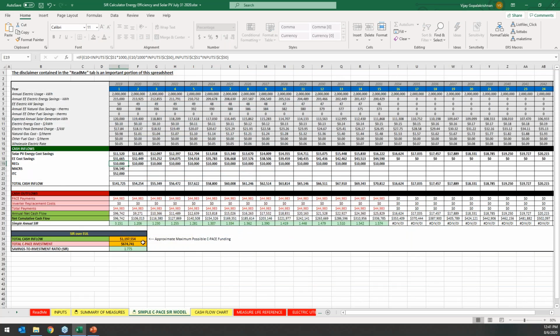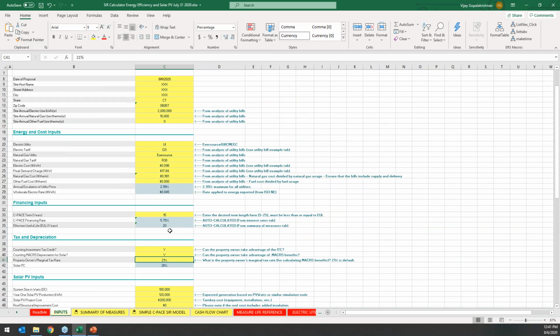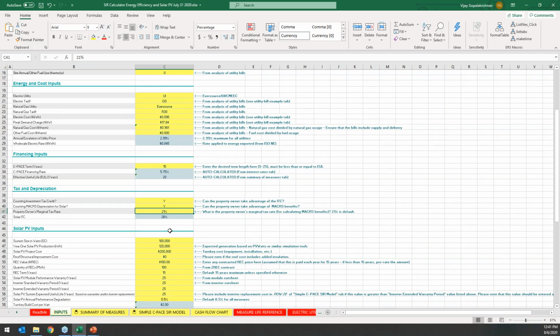You go back to the simple CPACE-SIR model, and the incentives and the ITC have been incorporated. So the project now is a solar PV plus energy efficiency project right here. You can include all solar PV plus energy efficiency measures within this tool. If you have just a solar PV project, then you could use the other tool. It's a little more straightforward to use, but if you do have any energy efficiency measures, you can put it all right here.